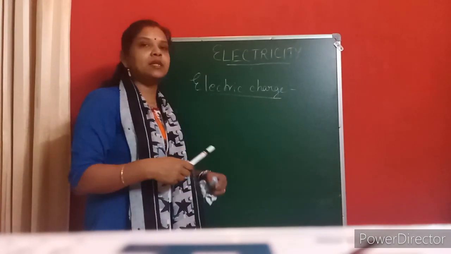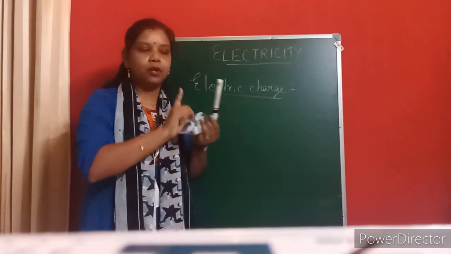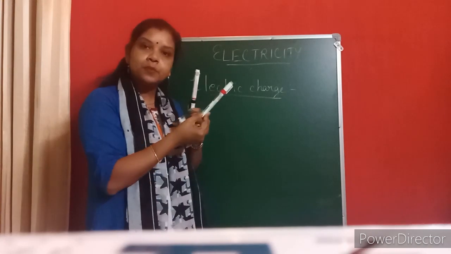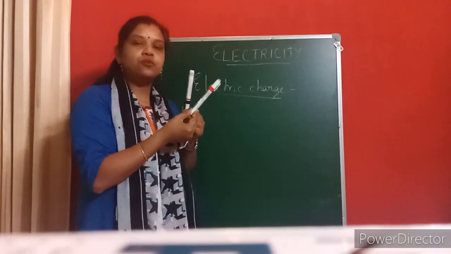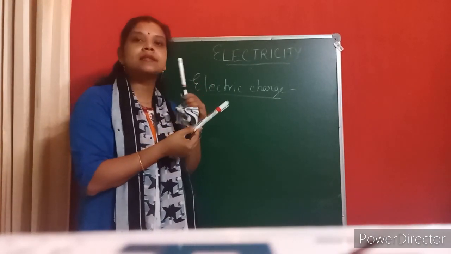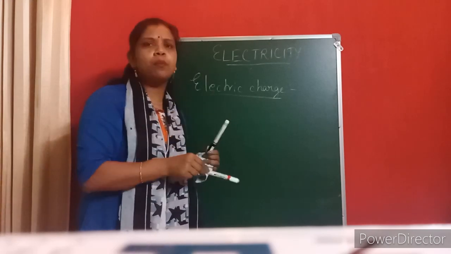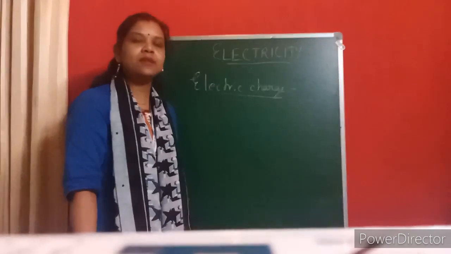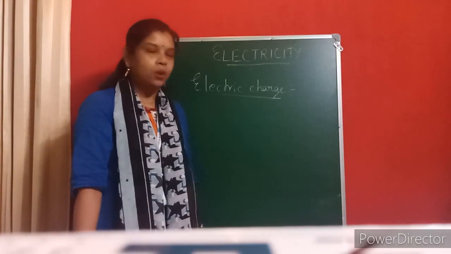Understood? So it is the property of a substance. If I place this near another substance, then what will happen? It will experience a certain amount of force. That property is known as electric charge. It's a physical property.